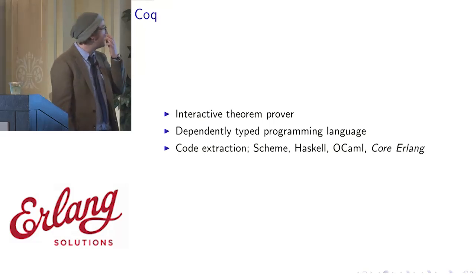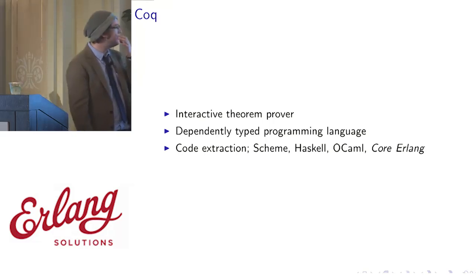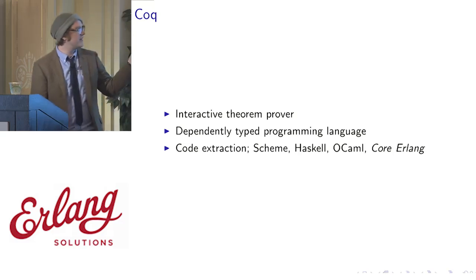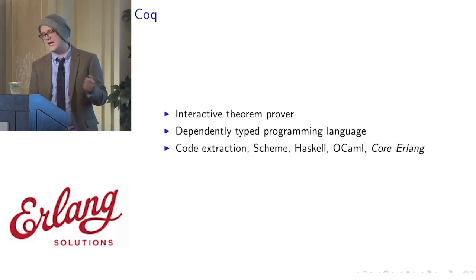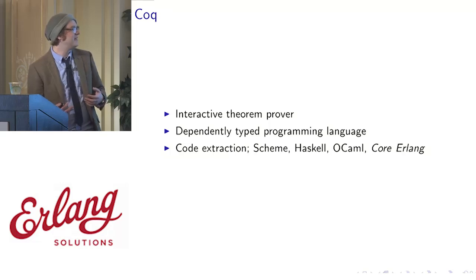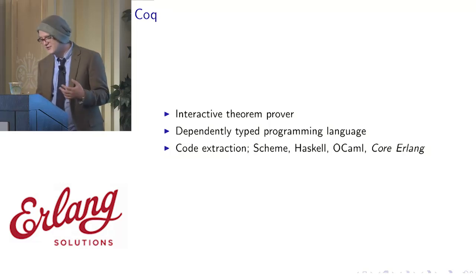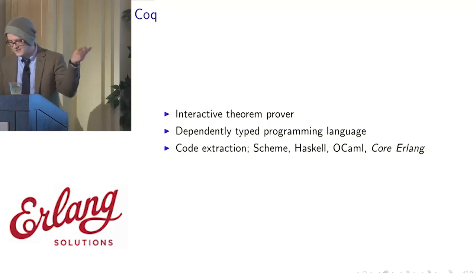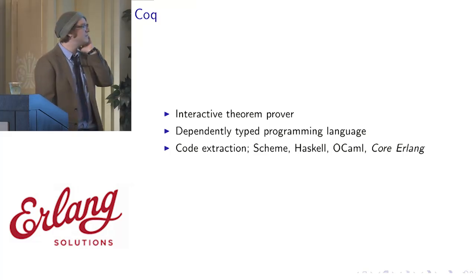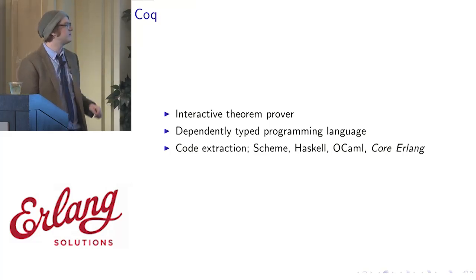In terms of code extraction, it has the ability to extract code to Scheme, Haskell, and OCaml. It's actually written in OCaml, so the OCaml code that gets generated is probably the most functional code. We did play around with Haskell code extraction in relation to vector clocks as well.